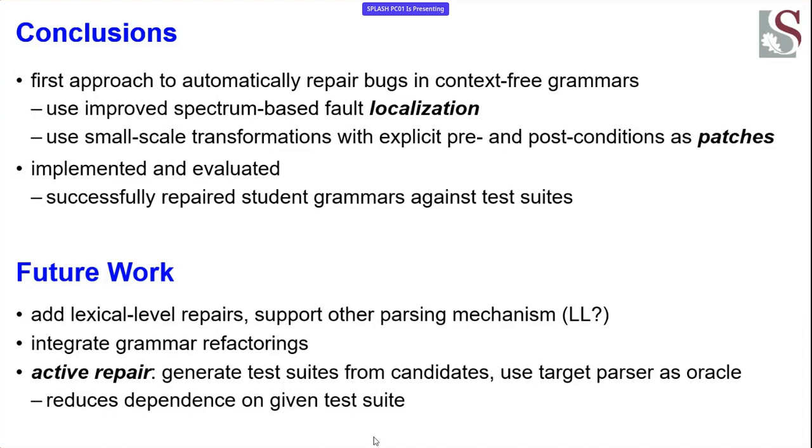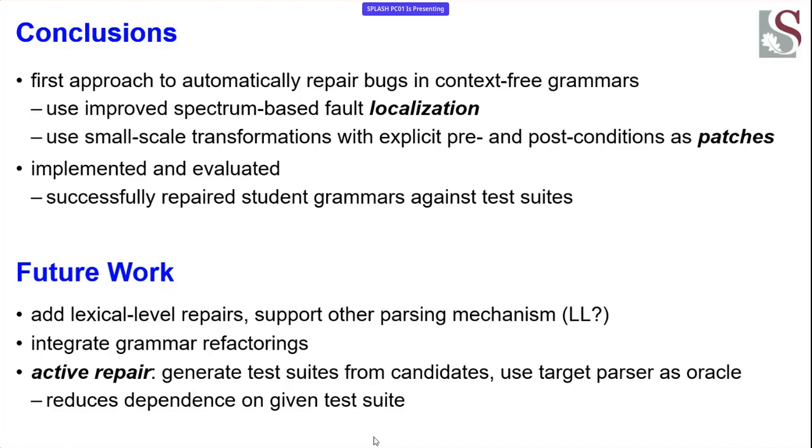We've implemented this and used it to actually repair student grammars. In fact, Moketsi was my TA for compilers last year as well, and so all of the feedback was auto-generated. All of the repairs were automatically generated by his tool.